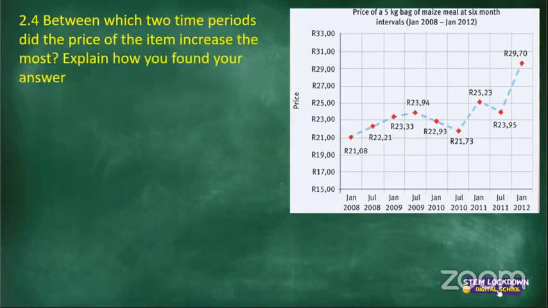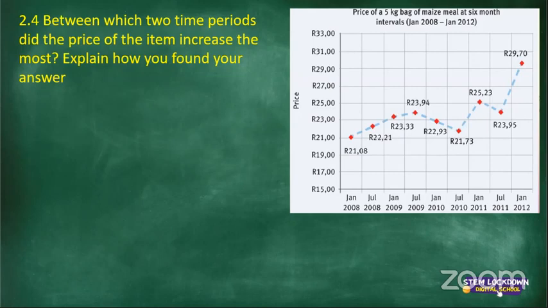And then question 4, between which two time periods did the price of the item increase the most? Explain how you found out your answer. Here, I need you to provide me with the answer. In which two time periods did the price of the item increase the most?